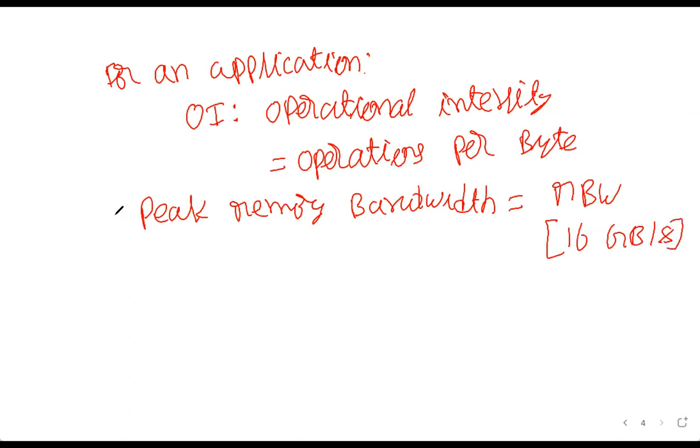Let's say in this example the operations per byte is half, that is, for every 20 bytes of data that you bring, you are performing 10 operations. Then the ratio is 10 by 20, which is half.